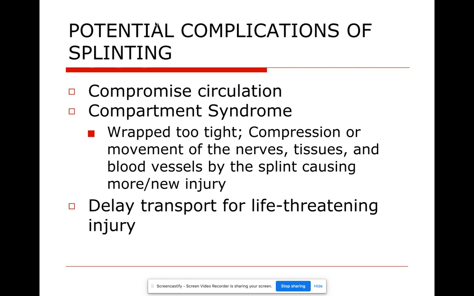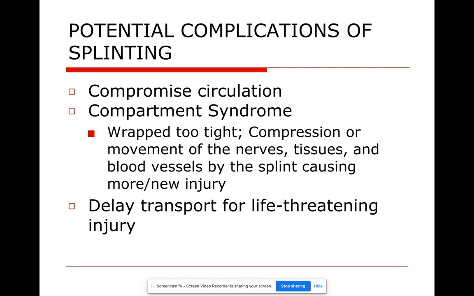All right, so some complications that can occur with splinting. So you could compromise circulation. Let's say that you checked PMS, pulse, motor, sensation before, and then you put the splint on, and you check it again, and now you can't find a pulse. What could have gone wrong? Oh, did you say you put it too tight?